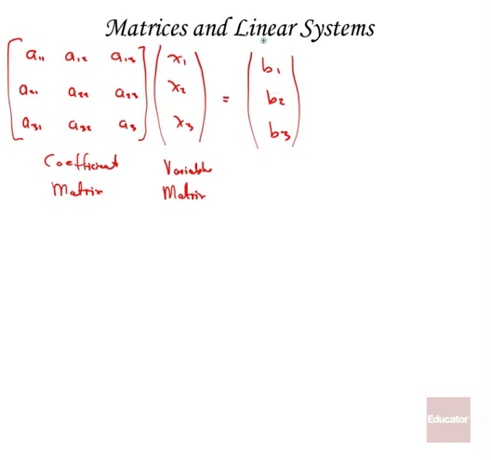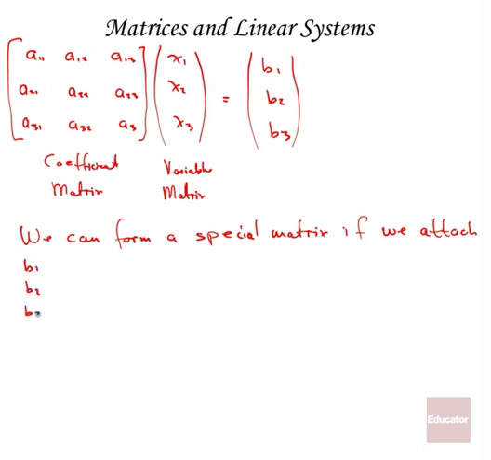Okay. Now, given this, we can actually form, as it turns out, a special matrix. If we attach B1, B2, B3 to the coefficient matrix.